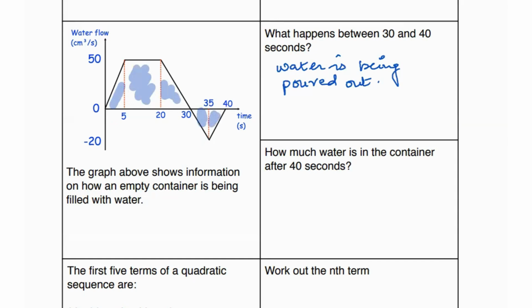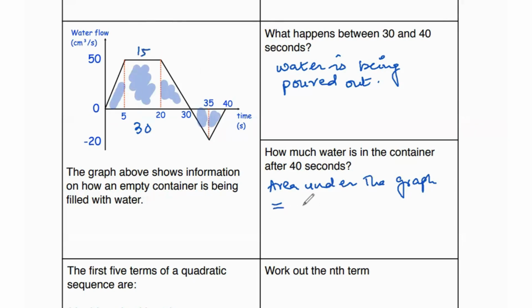So volume is going to be area under the graph, which means we find the area of the trapezium and the triangle. So this part over here is area under the graph. This length is 30, this length is 15, and the height is 50.